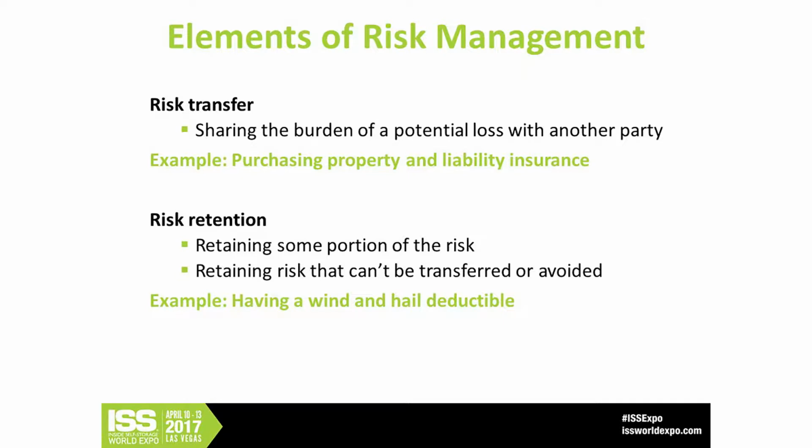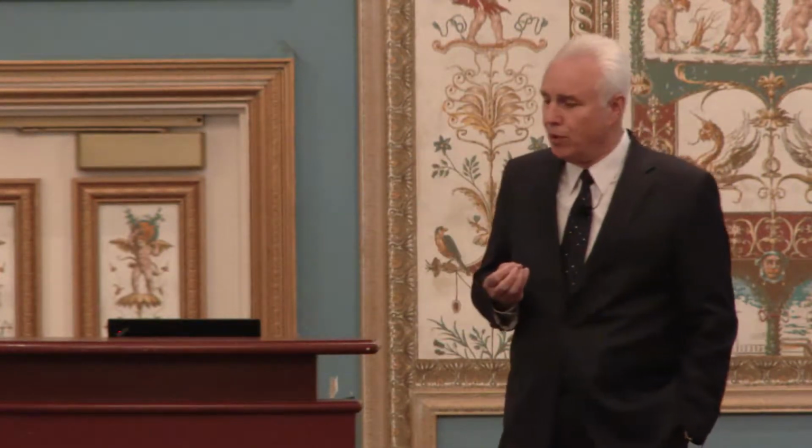The best example, and the one we use here, is a wind and hail deductible, but you also do the same thing with your personal auto and your home insurance, where you've got a deductible, which means you're retaining some of the risk.